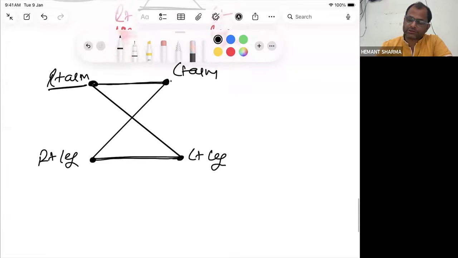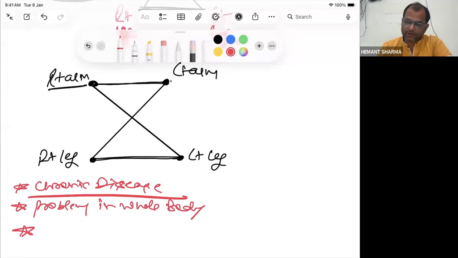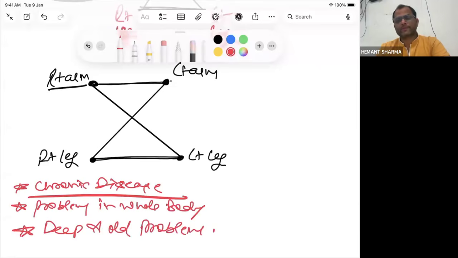We are using this structure for chronic disease, or when the person is suffering with some problem in the whole body, or someone is suffering with a very deep and old problem. We will use this structure.